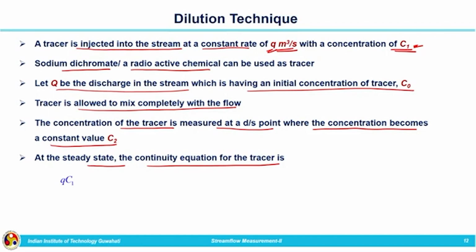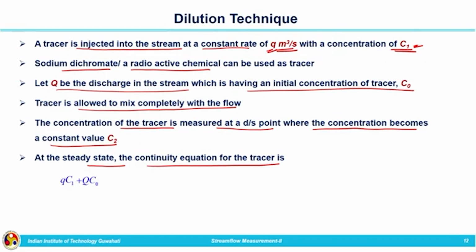So, qC1 plus QC0, since the stream already has some tracer with a concentration of C0 and discharge capital Q, is equal to (Q plus q) C2. This is the concentration at the downstream sample station, and the rate is written as Q plus q.